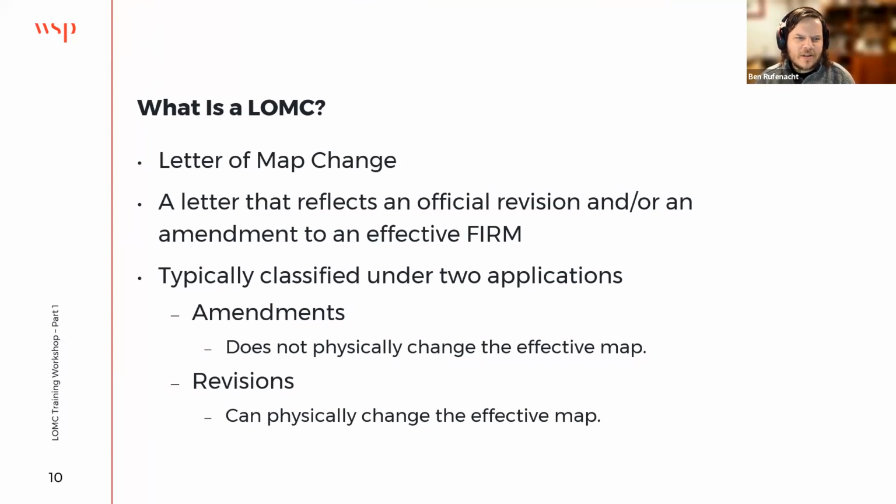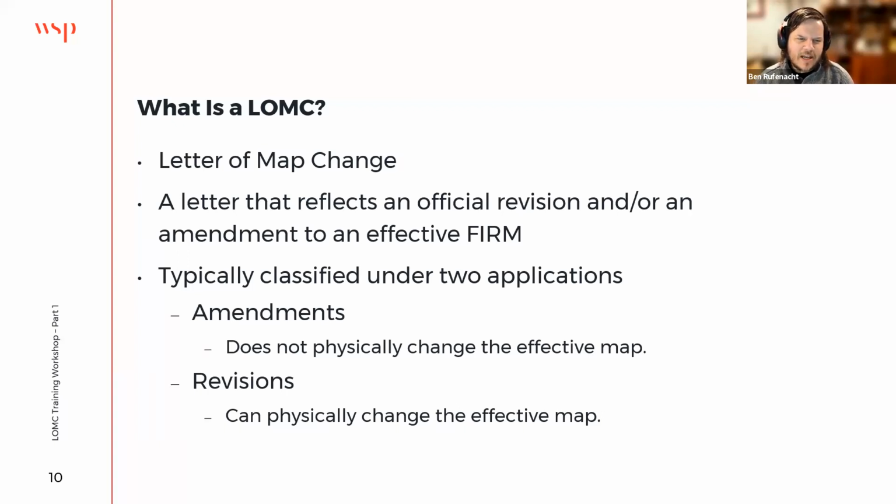So these are any time that you have a structure that is in a floodplain that you don't think should be in the floodplain, or that survey shows is actually out of the floodplain, or if you actually are making a change, doing some construction within the floodplain and are altering what the floodplain would look like, or elevating the structure so that it won't be in the floodplain. These are where you would use a letter of map change.